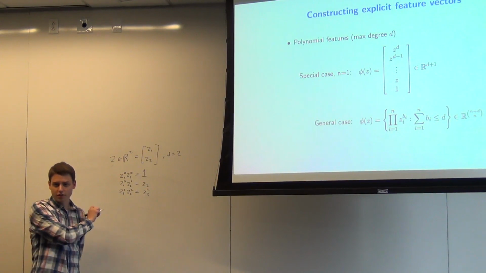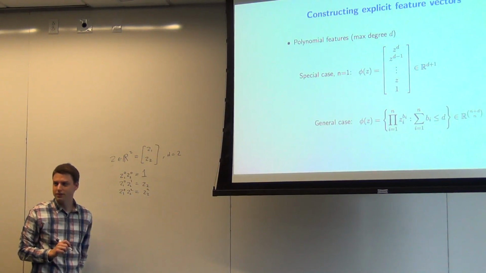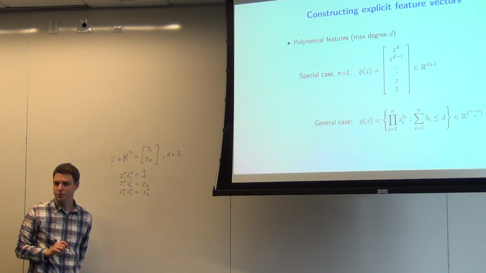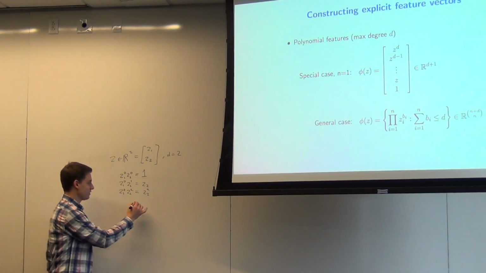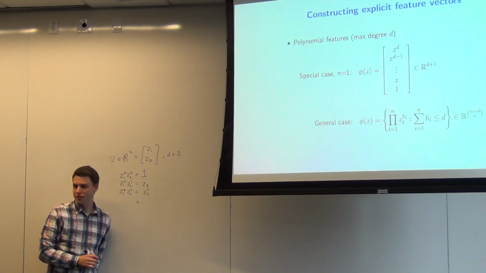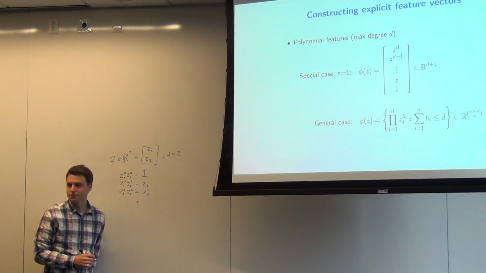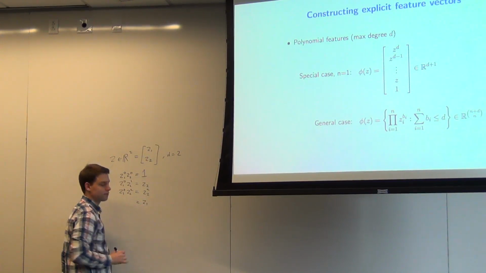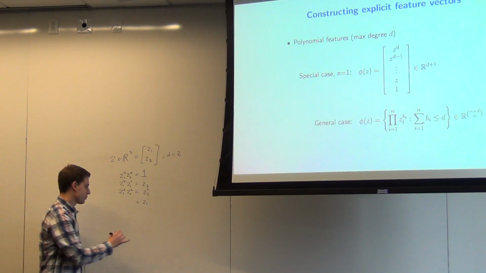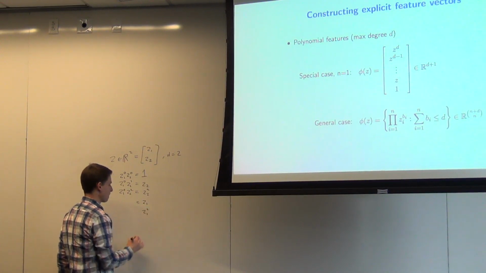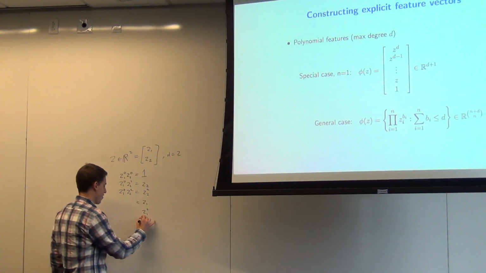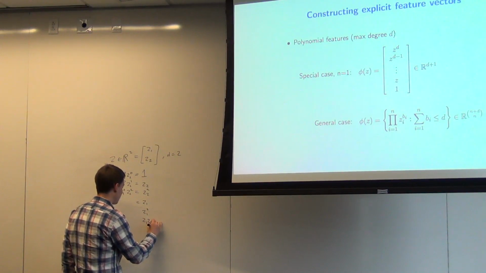What are the others in this series? What should I write next? I won't write what all these are, but what's another term here? Yeah, so there's z1. z1 squared. Right, and z1 z2. So that's sort of the important one. You have these cross terms, right?